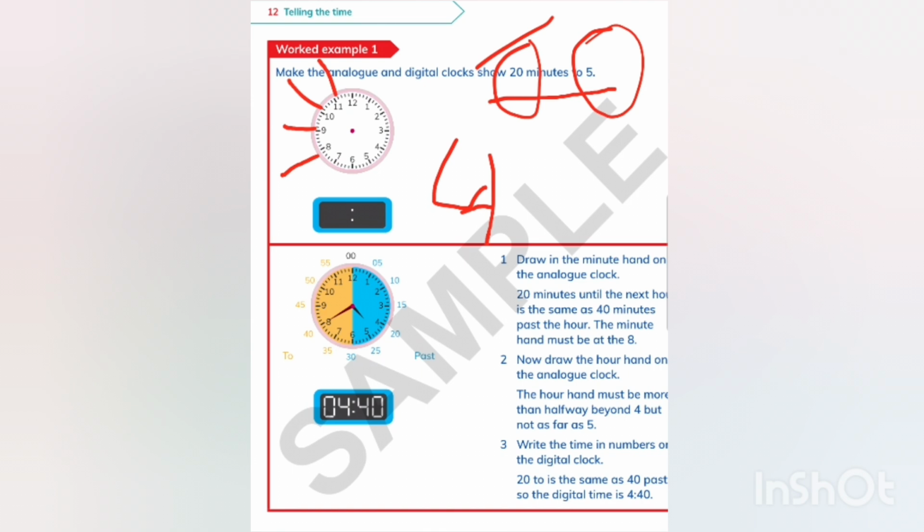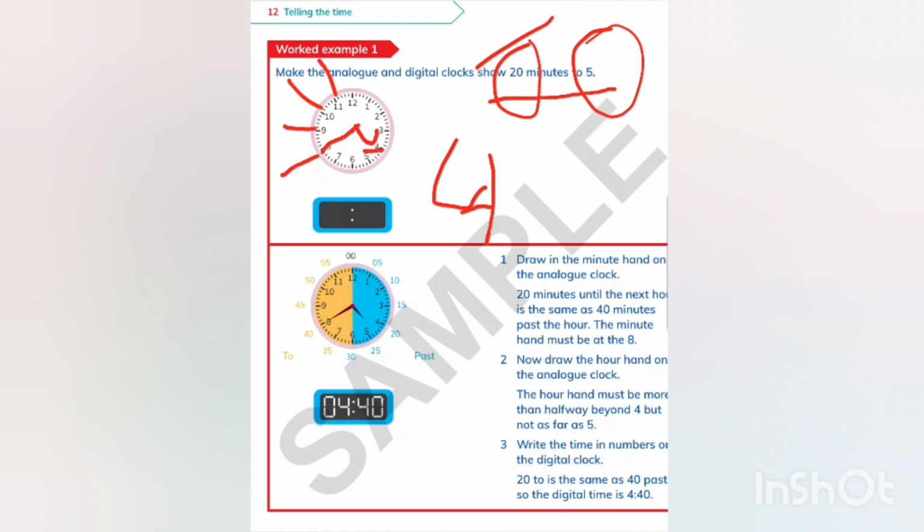So our small needle is in between 4 and 5, because this is not 5 o'clock. So the small needle is between 4 and 5, not exactly 5 or exactly 4, and the big needle will be exactly on 8.